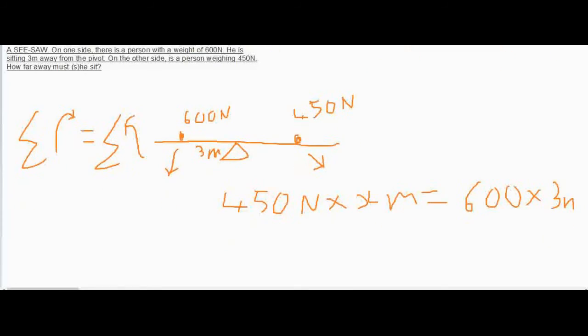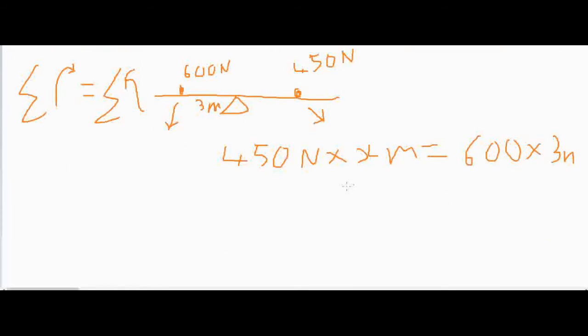Okay, get some more space there. And so now we can say that 450 times x meters is equal to 1800 newton meters. Yeah, that's the unit of moment, newton meters.